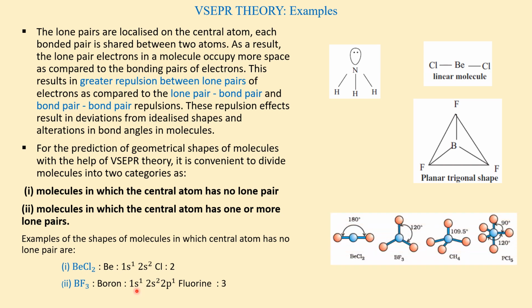Some more examples of molecules in which the central atom has no lone pair are BeCl2, which is a linear molecule and the angle is 180 degrees, BF3 with 3 bonds and the angle between 2 bonds is 120 degrees, and CH4 and PCl5 are some other examples.